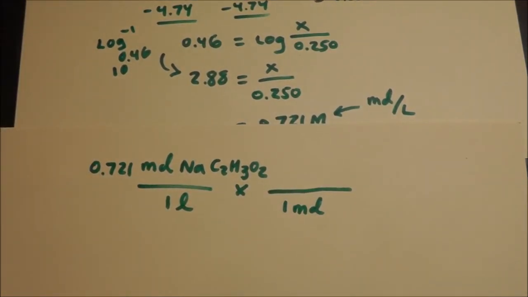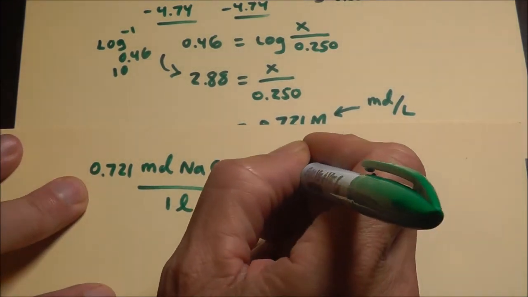Okay, count them up. 22.99 is a sodium, plus 2 carbons would be 12.01 plus 12.01, plus 3 hydrogens at 1.01 apiece is 3.03. Plus 2 oxygens would be 32. This would be 82.04 grams of sodium acetate.